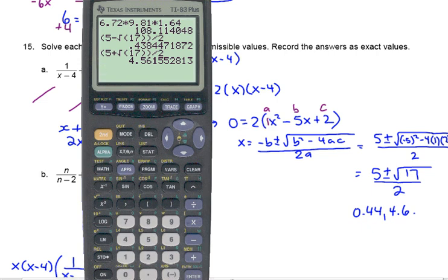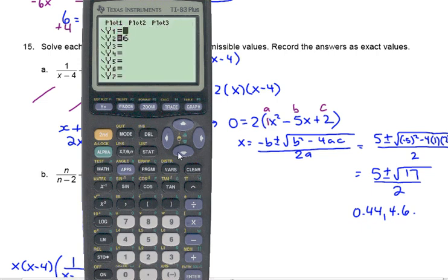Graph it. Okay, so go to y equals. You can type in 2 times, even if you want, x squared minus 5x plus 2. And we want when this equation equals 0. So what part of the graph are we actually looking for?